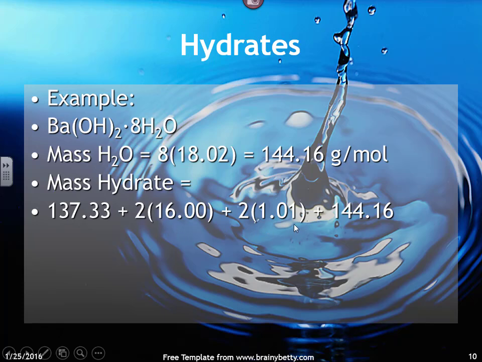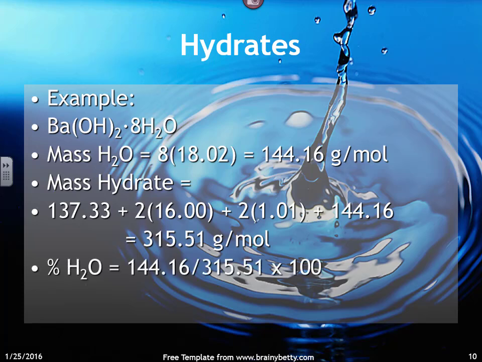Plus 2 hydrogens, plus the water, which was 144.16. You should get 315.51 grams per mole. And then you just need to divide. Take the water divided by the compound, times 100. How many sig figs should we keep? 5. You should get 45.691.